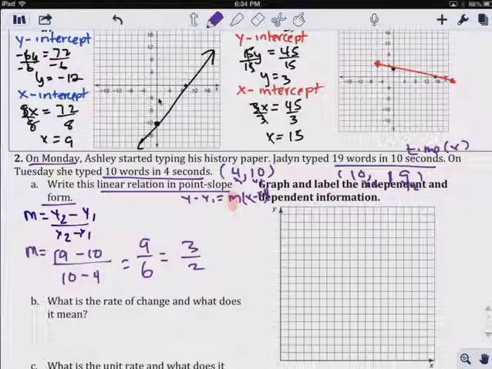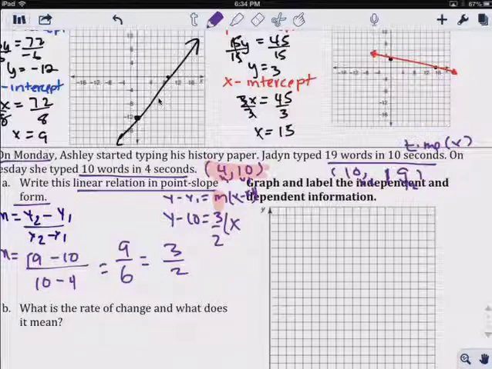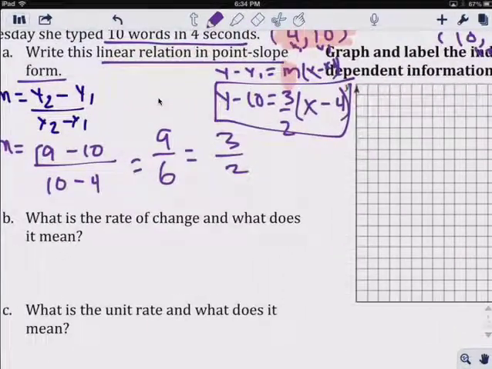What is the rate of change? Okay, make this in point slope. So I'll use 4 and 10. So y minus 10 equals 3 over 2 parentheses x minus 4. That is point slope. That's my answer. I can stop there. What is the rate of change? The rate of change is slope.